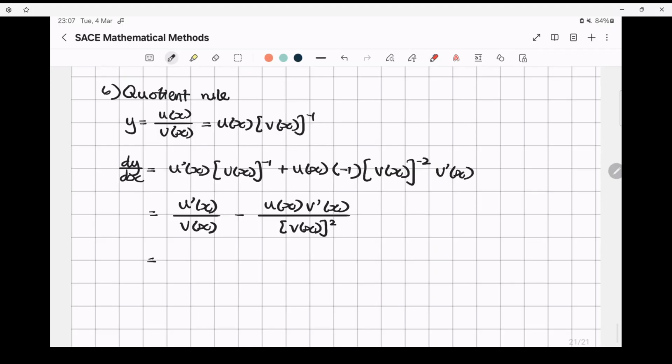So put it back, you get u prime x vx minus ux v prime x, divided by vx square. So this is your quotient rule.